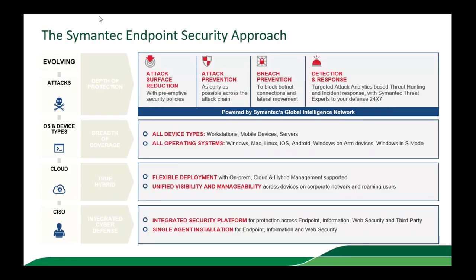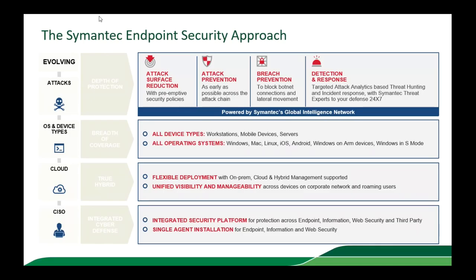Symantec also had acquired Blue Coat, which had 71% of all the proxies in the world. So with this intelligence, whereby we have all these devices all over the world, if an attack happens, for example, in Brazil, if there is a Symantec endpoint there, it will share the intelligence with the global intelligence network.